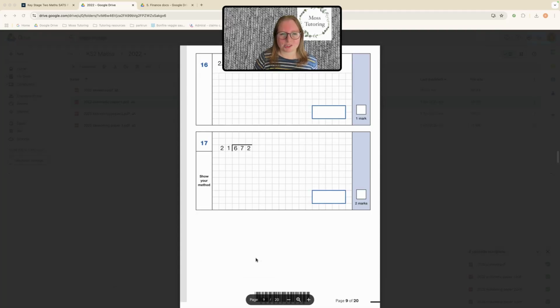Okay, let's take a look at question 17. Pause the video and have a go. Okay, so for this one, because it's a 2-digit number, I'd probably use long division for this one. So to start off with, I would just write the multiples of 21 down the side or along the top to help me out with that.